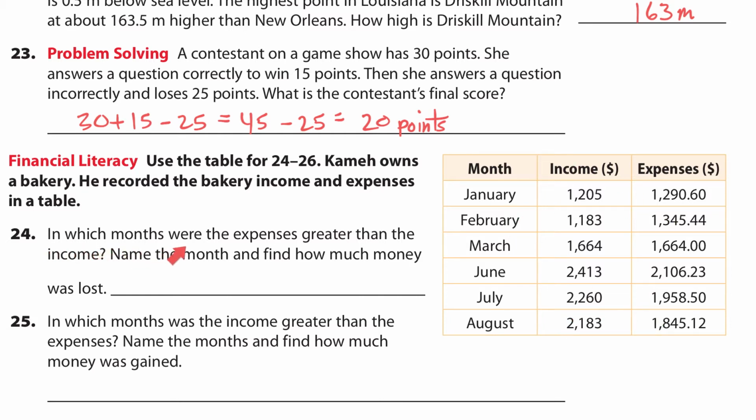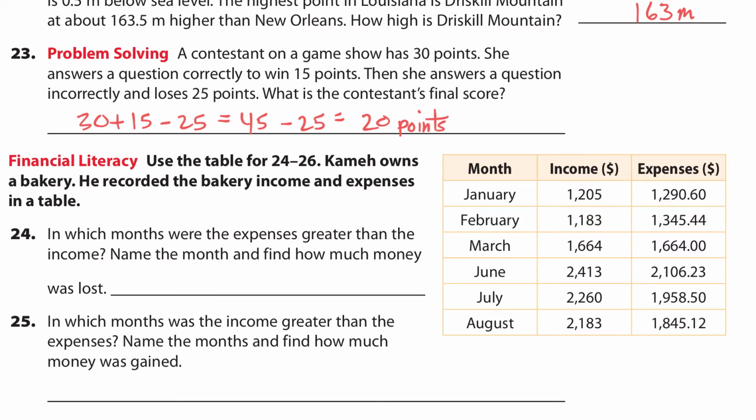All right, this financial literacy here, you have this table of income and expenses. In which months were the expenses greater than the income? Name the month and find how much money was lost. Well, let's see. We are looking at 1205 income, 1290.60 expenses.